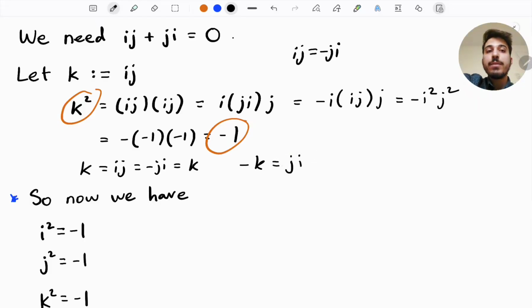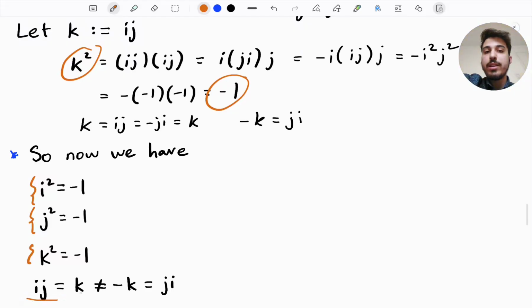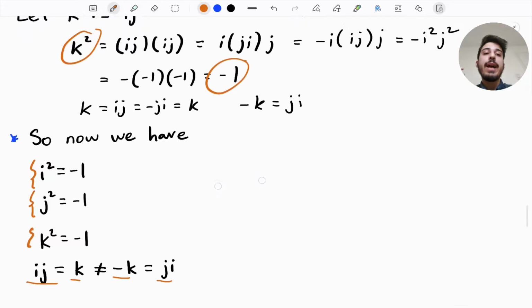So we have now the relations i squared equals minus 1, j squared equals minus 1, and k squared equals minus 1. And we also have that ij is equal to k, and it's not equal to minus k, which is ji.